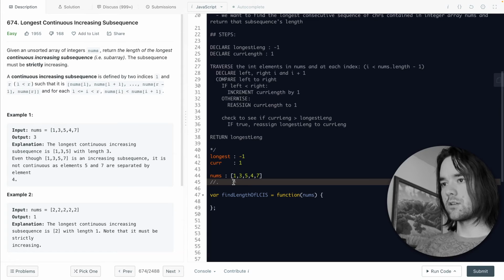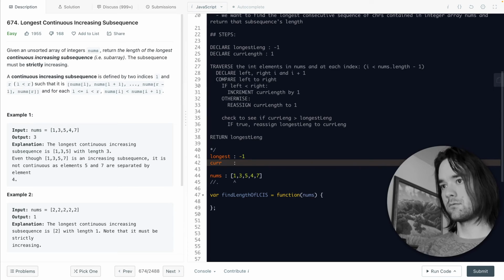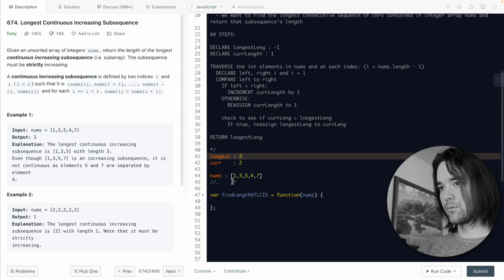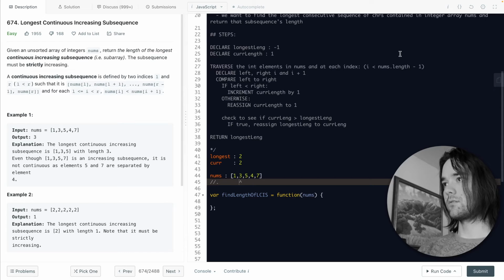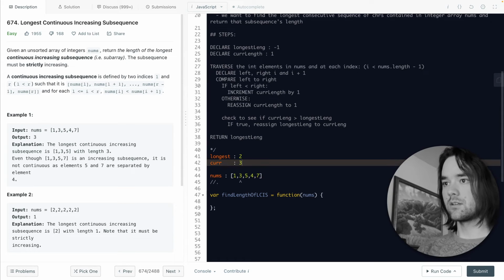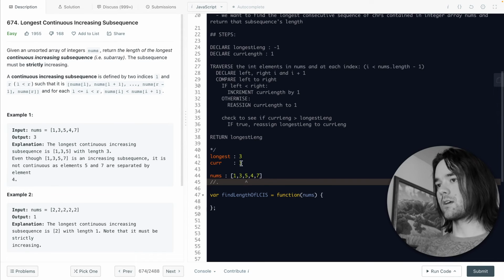Okay. So if we're traversing, we're seeing, okay, left is less than right. So we'd want to increment current by 1. So now that's 2. And we would check to see, is current length greater than longest length? It is. So then we would reassign longest to 2. Okay, and then we move to the next pair of integers. i is 1, so 3 is in fact less than 5, so we increment current and longest, and move to the next iteration.